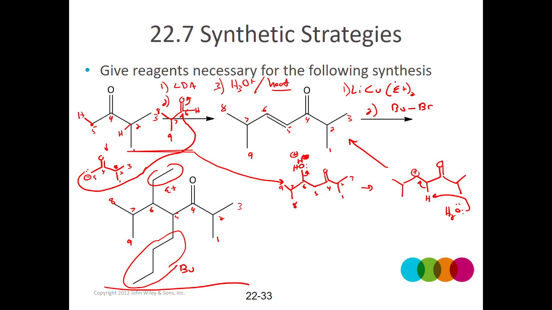Right, so just to show that, one of these ethyl groups would pull its electrons away from the copper, attack here, and push these electrons up to the oxygen. The ethyl group would come into 6, so now it would be connected there.